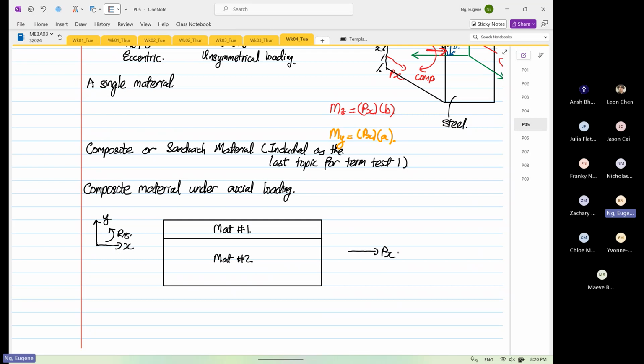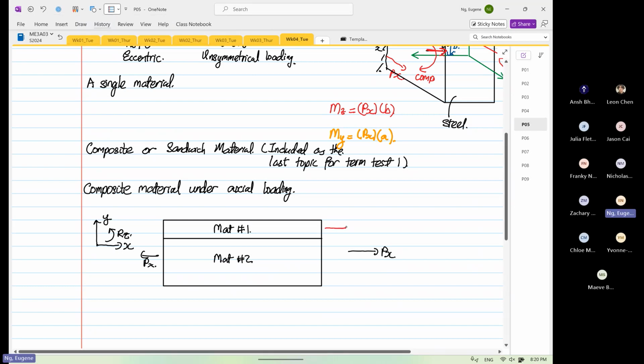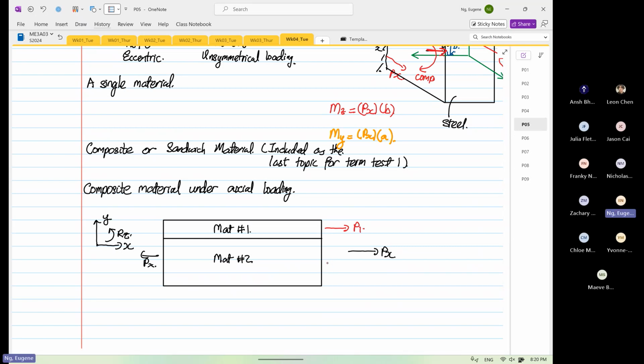So this is our Px. We are aware that if there's a Px over there, material 1 will be under the load P1, and material 2 will be under a load P2.